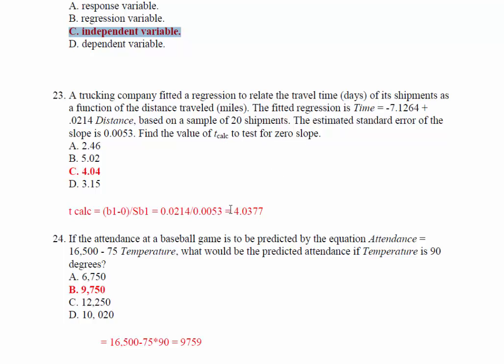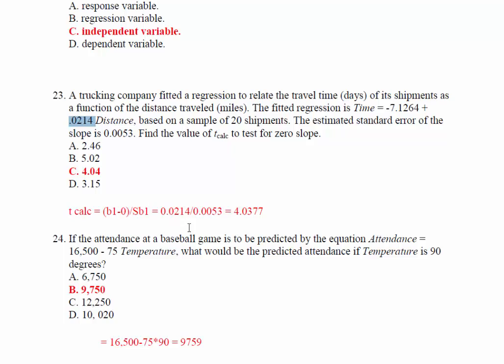Right? The calculated t, by definition, is b1 minus 0 over the SB1. Okay, we know b1 is 0.0214 right here.